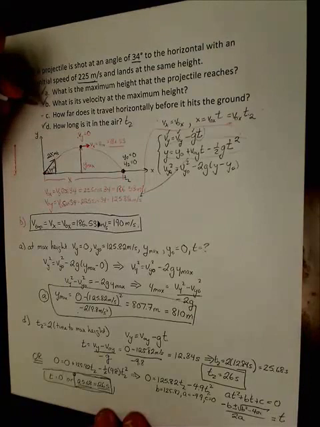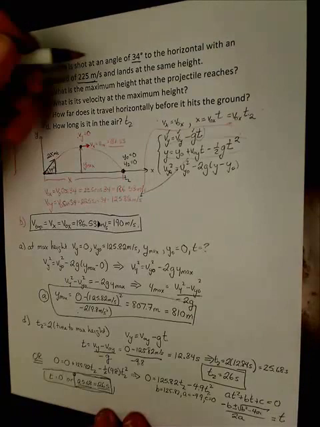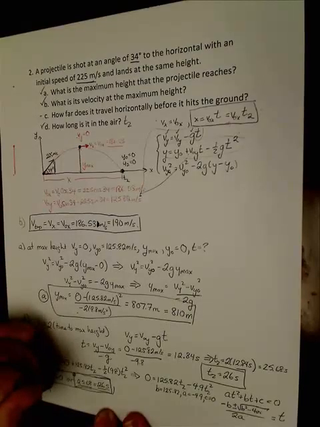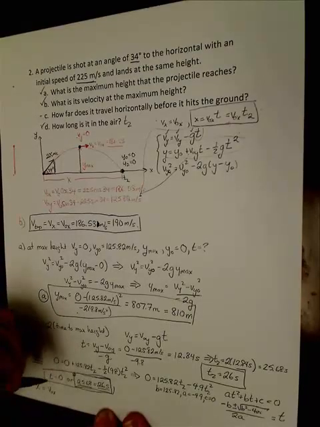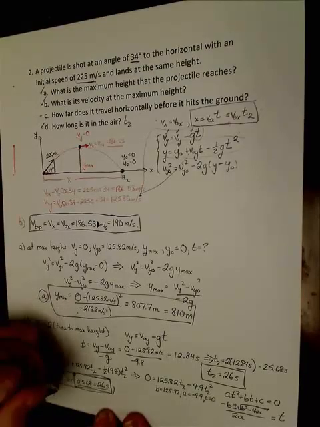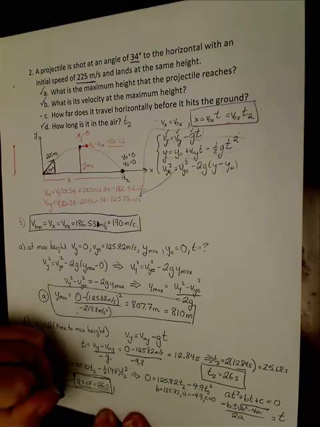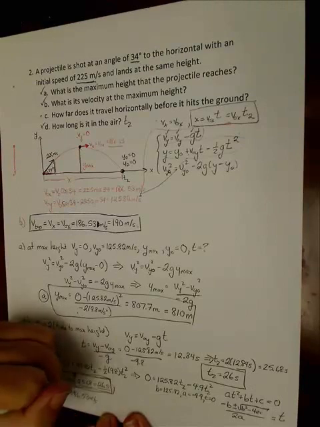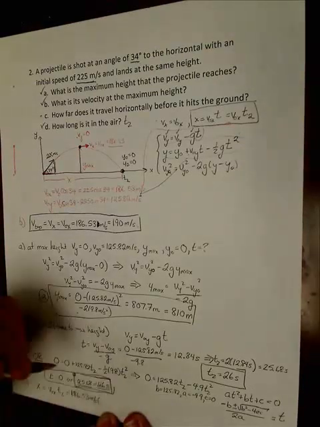Finally, we want to find our answer for C. And we said for C, we were just going to use this, that the range is equal to the initial speed in the x direction, which is always the same speed in the x direction, times the time. So that's 186.53 meters per second times t2.